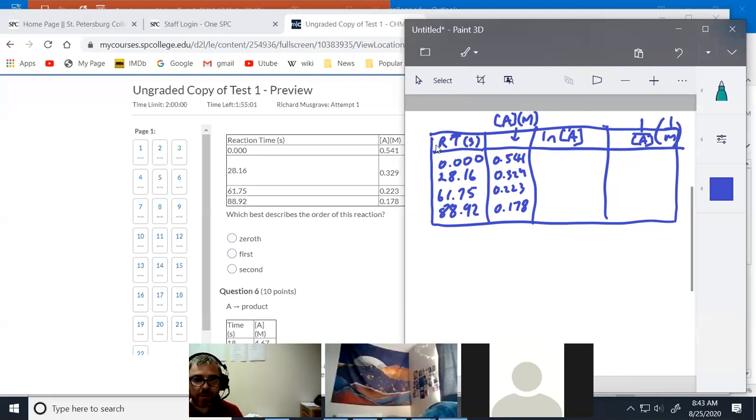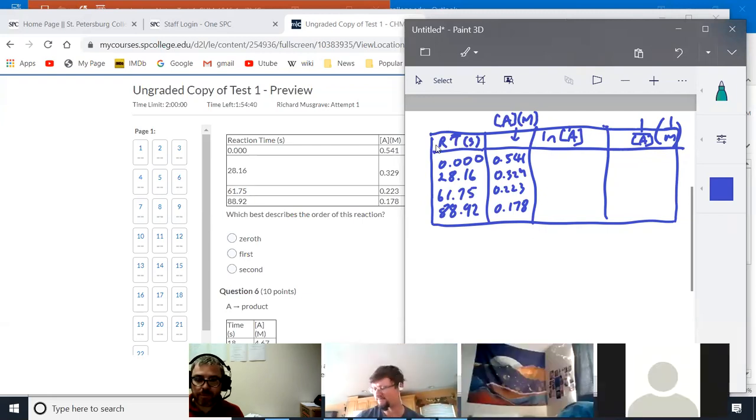All right, so I'd like somebody to call out the natural log of each of those. You all should try it, but I just need somebody to tell me what the values are for ln of A. The first one is negative 0.61. Let's go for 3 sig figs, Kyle, if you don't mind.